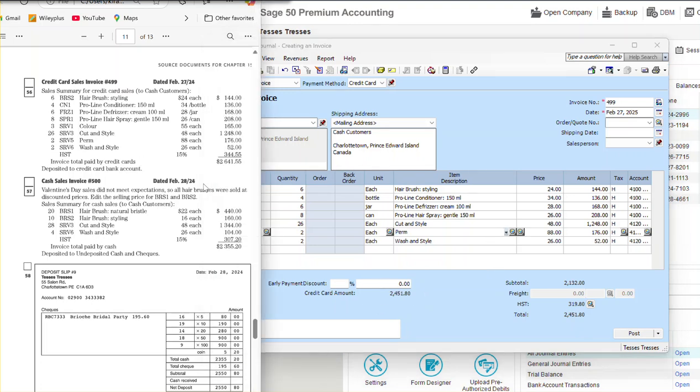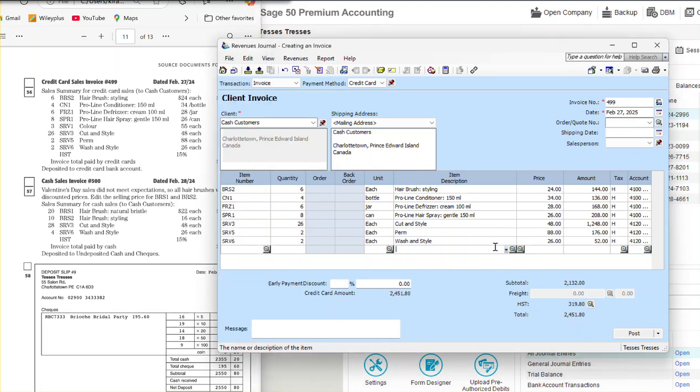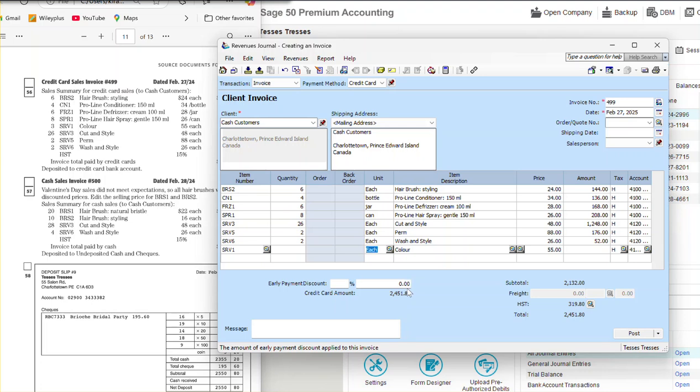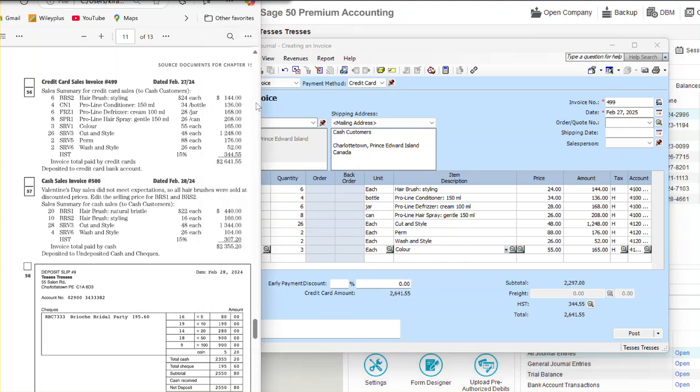They tell us more, 2641. So something is still not right, because it should be, I'm missing something. 6468. Oh, I missed 3. SRV1. I missed SRV1 and 3 of those. That is right. 2641.44.